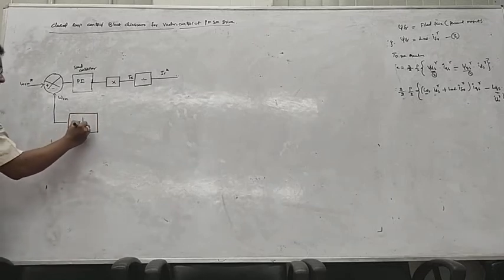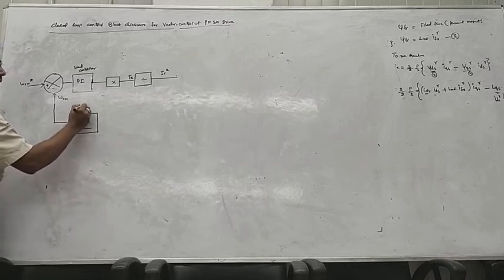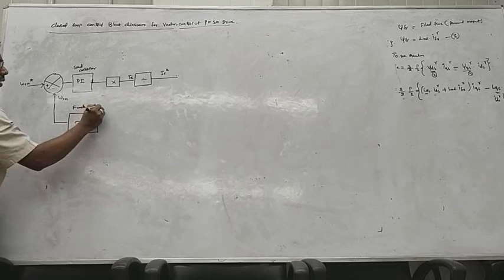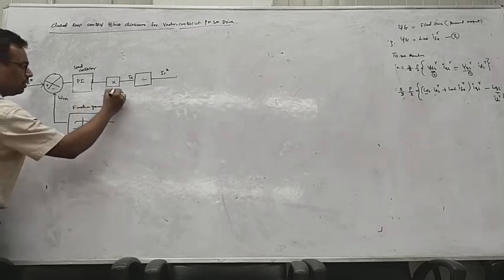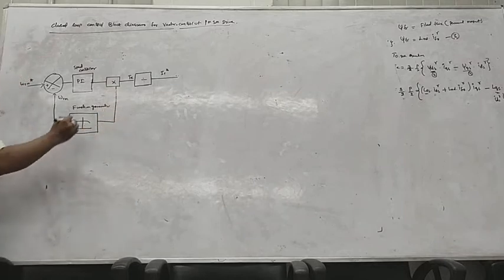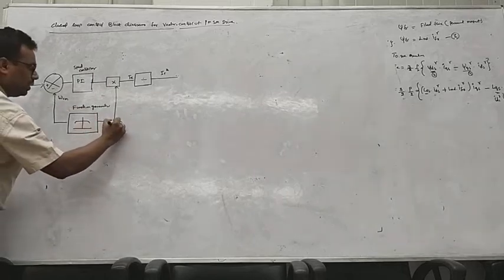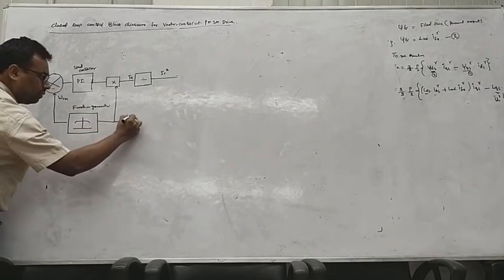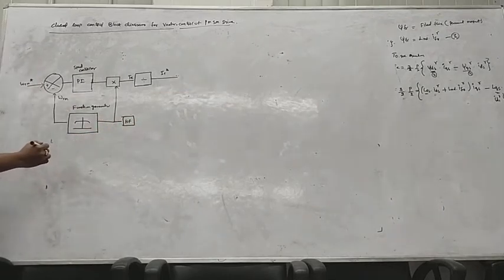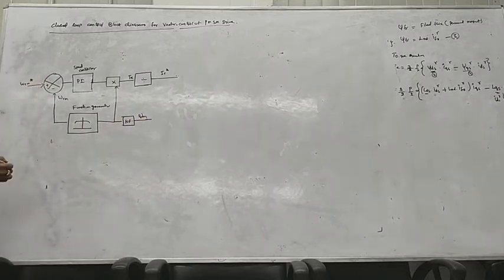This function generator output is multiplied with the speed error, and we get a constant Kf and the magnetizing flux phi.